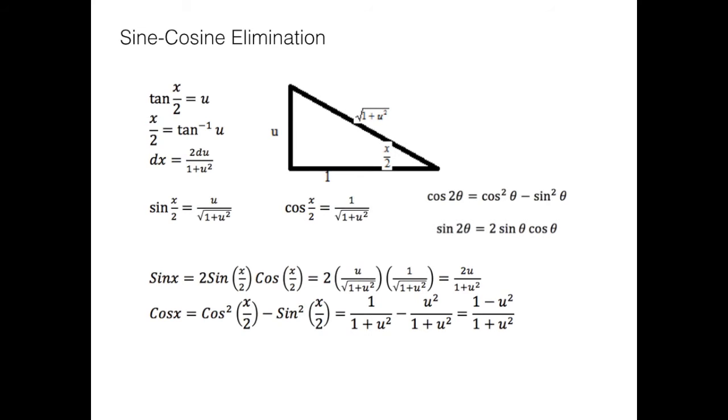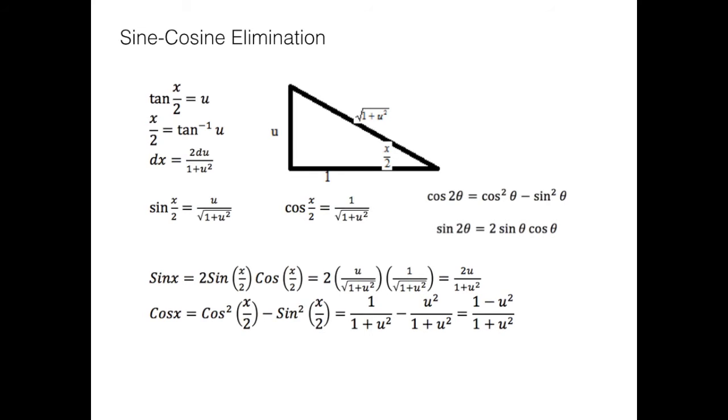So one day, someone much more intelligent than me came up with the approach of looking at a right triangle with an acute angle of x over 2. So he decided to set tangent of that angle to be u. Now that means that in this triangle, the side opposite to the angle must be u, and the side adjacent to it must be equal to 1.